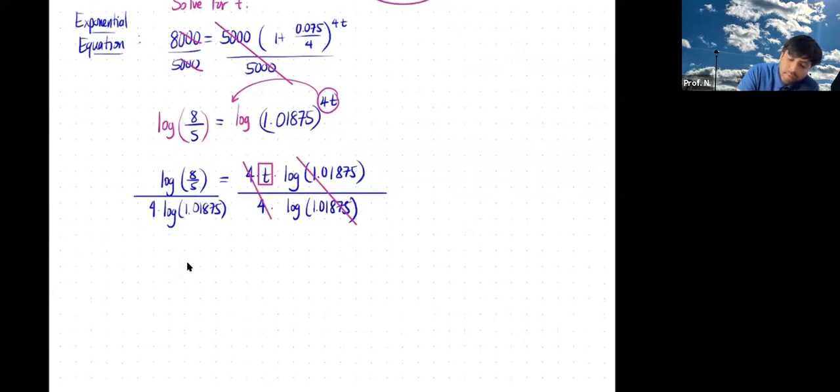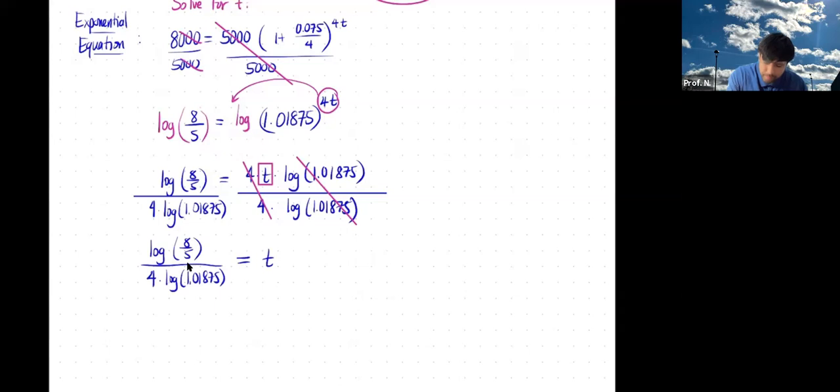And then I get t. t is equal to, this is the exact value, log of 8 over 5 all over 4 times log of 1.01875. And can anybody do this calculation for me? This calculator that I have apparently doesn't have logs for a very strange reason. I don't know why.